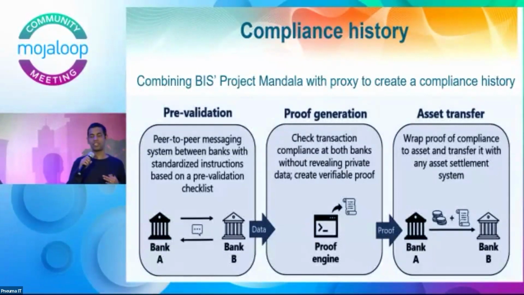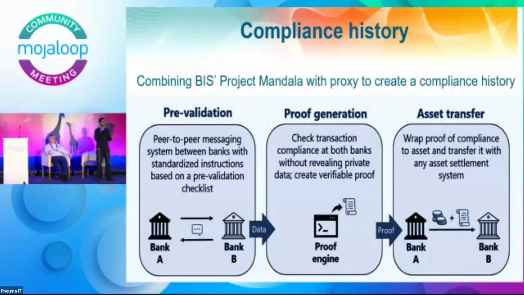So if we were to think of this as an eBay rating, most of us would have bought something or the other on eBay. And the first thing we do is check the seller's rating to see how reliable the seller is. In the same vein, creating a compliance history against a proxy will give institutions a greater weight against that proxy.